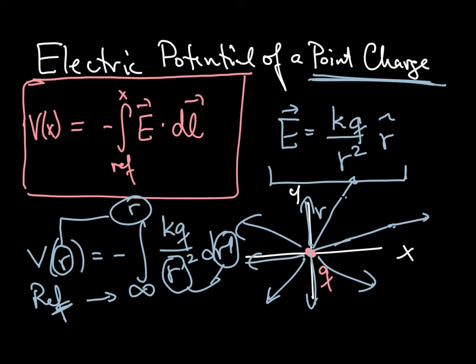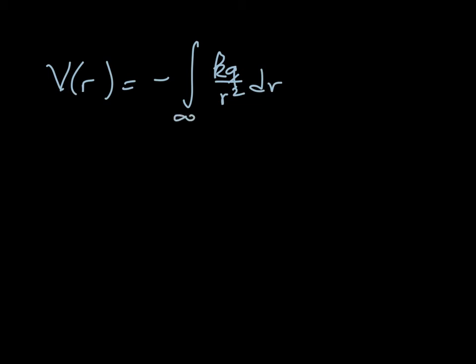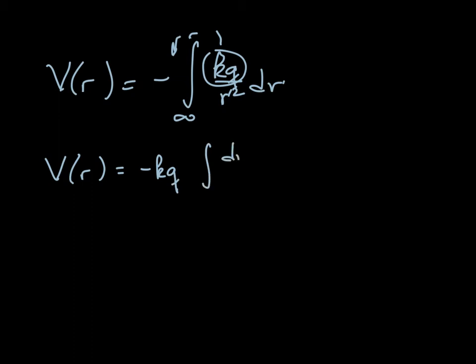Let's take this integral. So the integral of k q over r squared dr from infinity to r. kq comes out of the integral. V of r is equal to minus kq times the integral of dr over r squared from infinity to r.